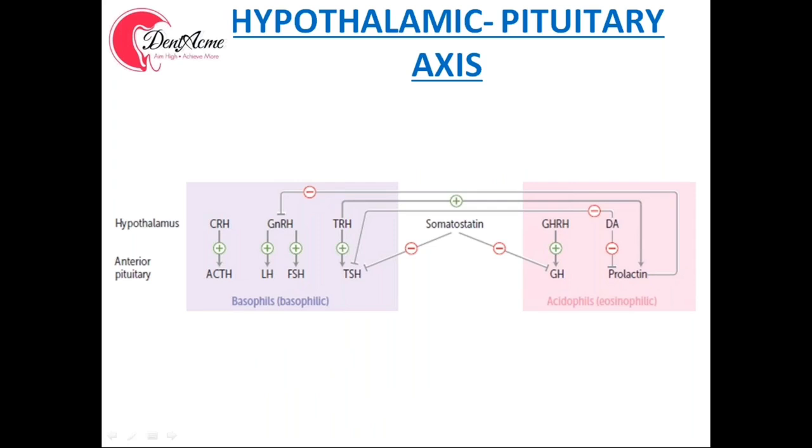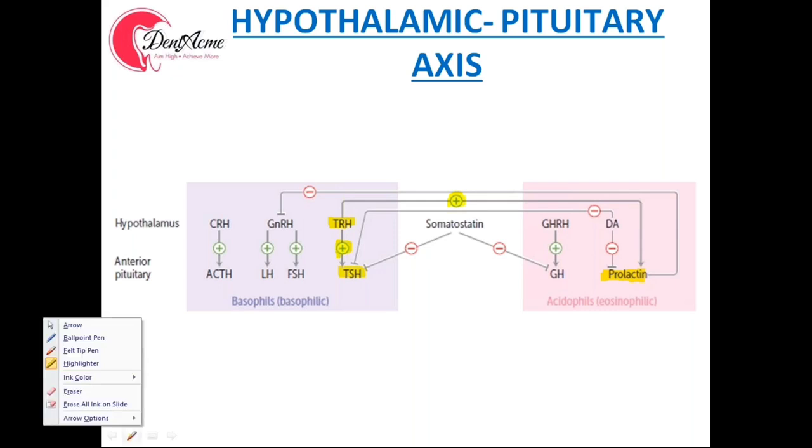Next, we talk about thyrotrophin releasing hormone from the hypothalamus, which stimulates the release of thyroid stimulating hormone, and it also stimulates the release of prolactin. So its main effect is on the thyroid stimulating hormone, but it is also stimulating prolactin.